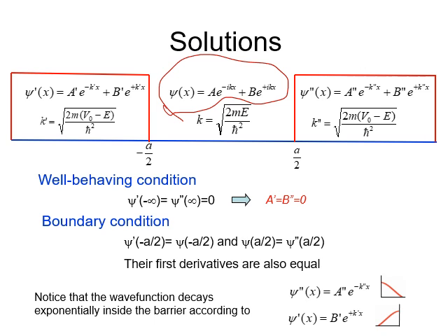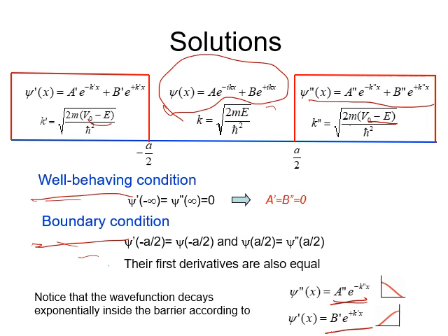Now at the 2 ends, the solution looks similar, but the k is different. And we're going to skip the mathematics, and we're applying the boundary conditions again. In this case, it gives you the wave function outside the box.